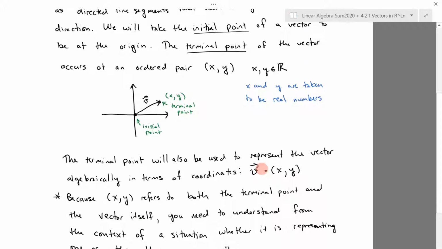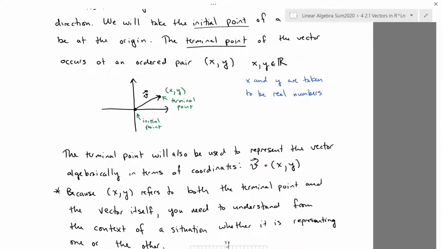You want to be careful about using the notation in this way, because the pair of coordinates x, y now represents two different things, both the terminal point and the actual vector itself. Depending on the context, it might refer to one or the other, and it should typically be clear in the situation which one the pair x, y refers to.